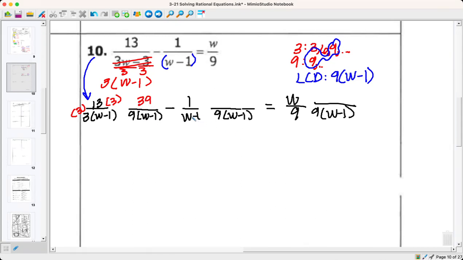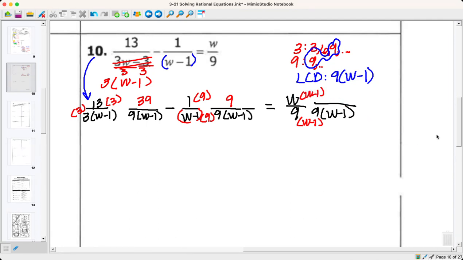From here, to make this match this, I'm having to multiply this entire package by 9. So then that means I'm going to multiply this by 9 as well. My new numerator is 9. Here, I've got the 9 already. What I don't have is the w minus 1. So I'm multiplying this by w minus 1 and this by w minus 1.